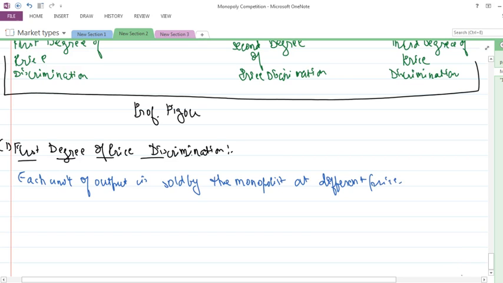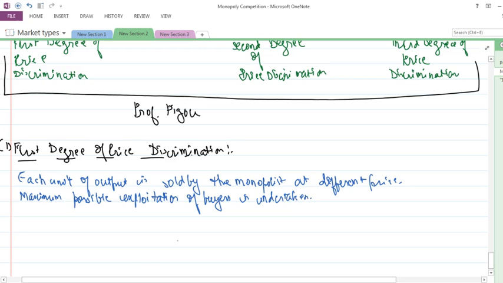In other words, it involves maximum possible exploitation of buyers.